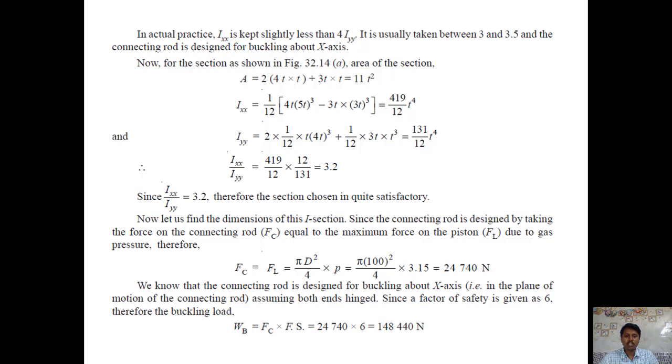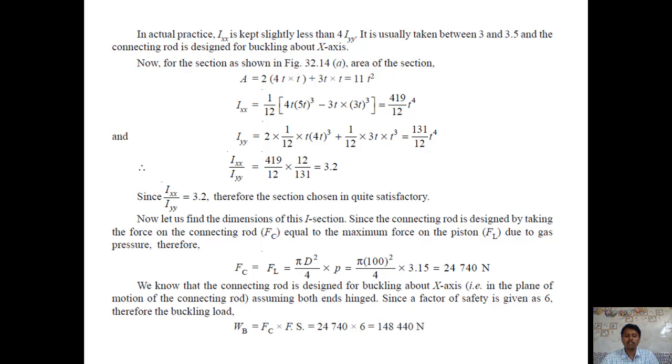Now, we have to calculate the load acting on the gas piston, that is Fc equal to Fl equal to the area of the piston times pressure, because the diameter capital D is given as 100 and the pressure acting on the piston is given as P, that is 3.15. Now, Fl equal to pi d square by 4 into P, you will get 24740 Newton.